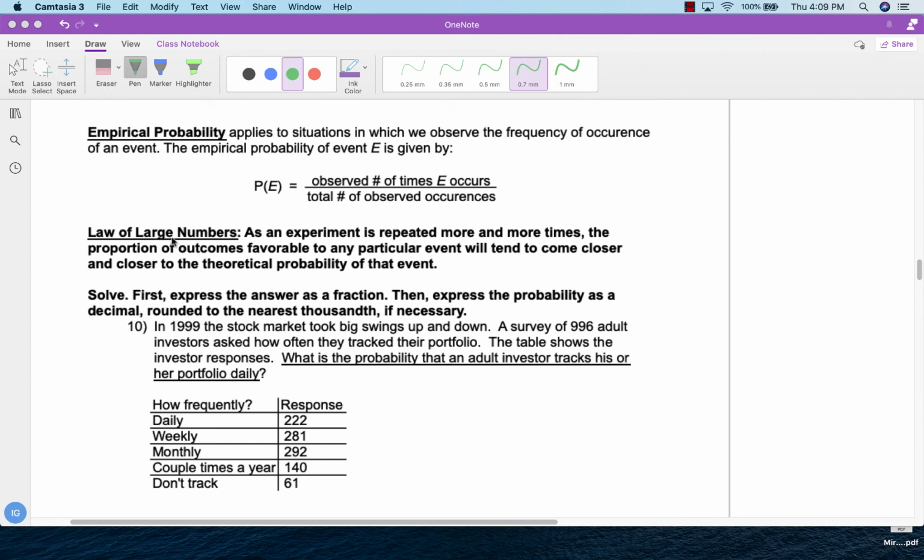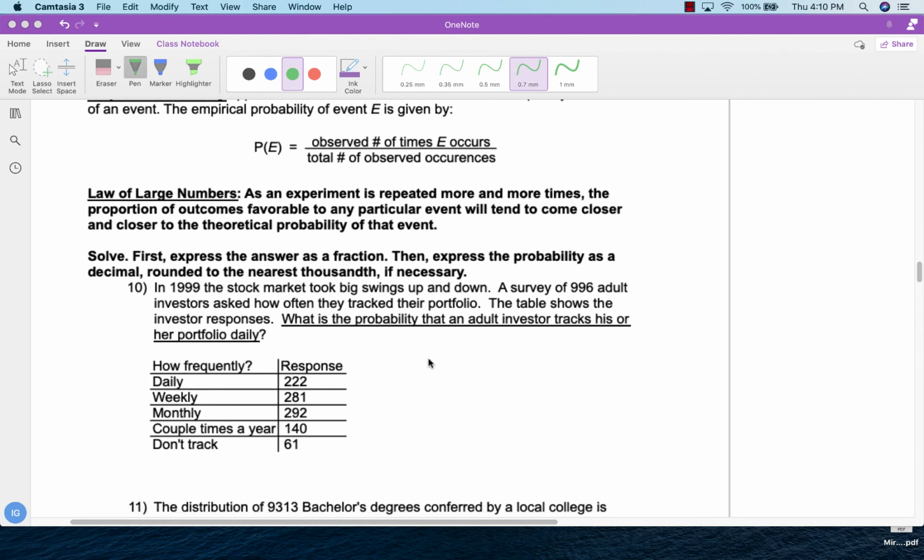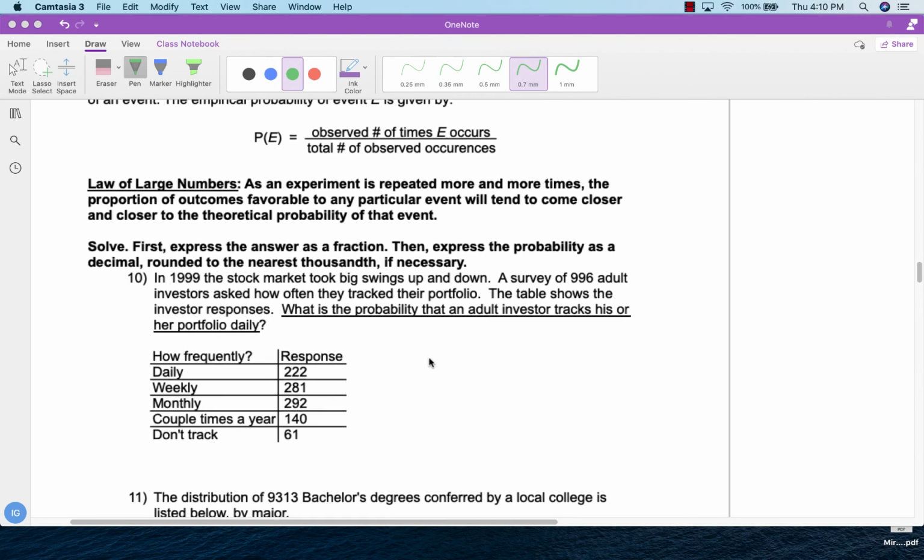Law of large numbers. As an experiment is repeated more and more times, the proportion of the outcomes favorable to a particular event will tend to come closer and closer to the theoretical probability of the event. Alright, let's look at some examples. We only have 2 on this page, and we'll see what this is talking about.